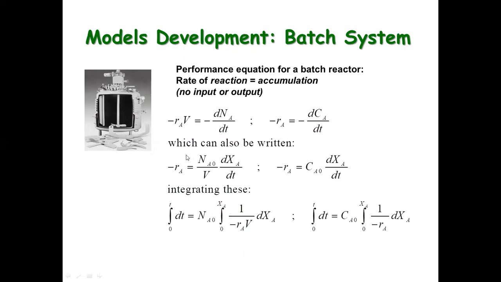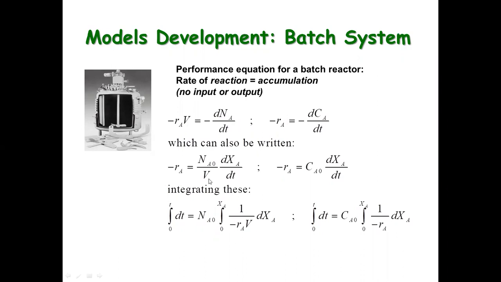Now, you know already how to deal with this, so you can have this one or this one. That is why I have placed two columns here for the batch, depending on what is provided in the problem. Let's say, for example, you have this. The remaining number of moles of A unreacted after some time would be represented by NA. And if you write this in terms of the equivalent formula, CA is equal to CA0 times the quantity 1 minus XA, you will arrive at this particular equation.